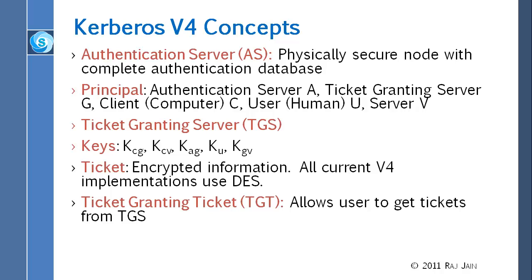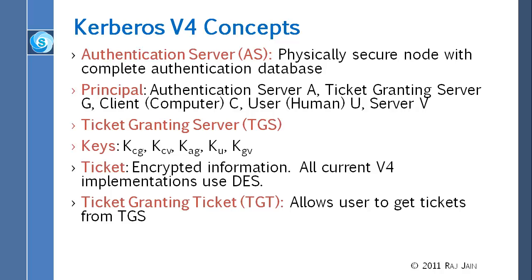And so each of them has, actually I will come back to this line, but each of them has a key. For example, KCG is the key which is shared by the computer C and the ticket granting server G. KCV is the key which is used between the computer and the server that you want to reach.